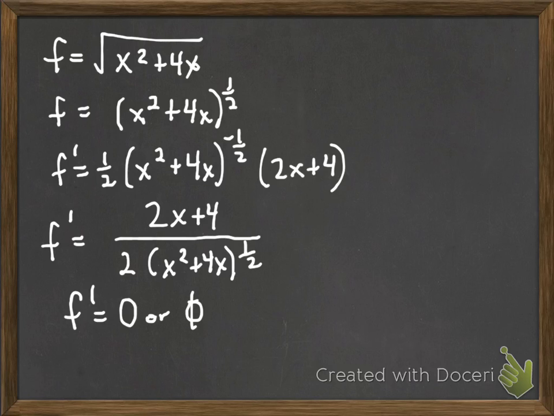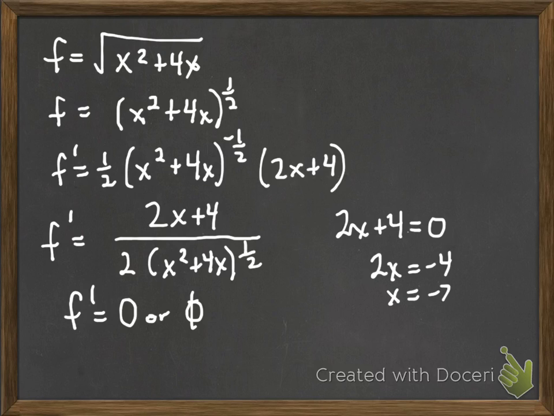We can tell 2x plus 4 equals 0 when x equals negative 2, and then for the denominator we can set that equal to 0. X squared plus 4x to the 1/2 equals 0.